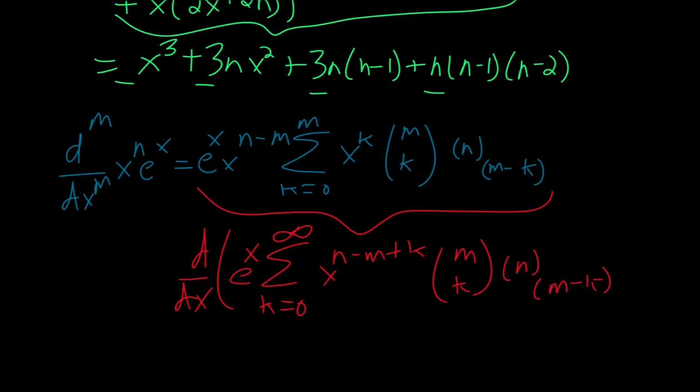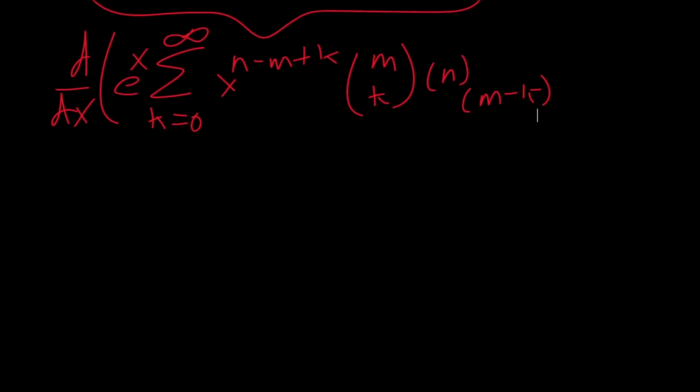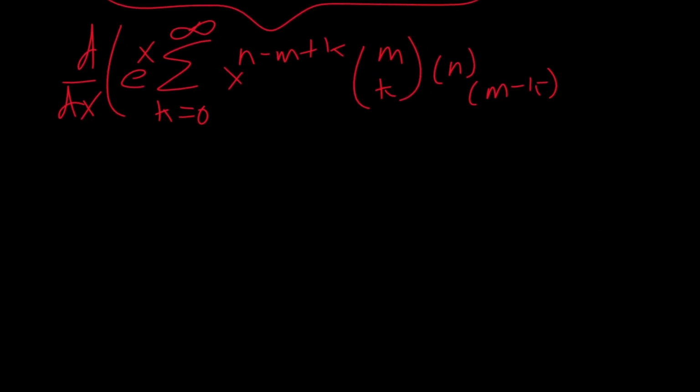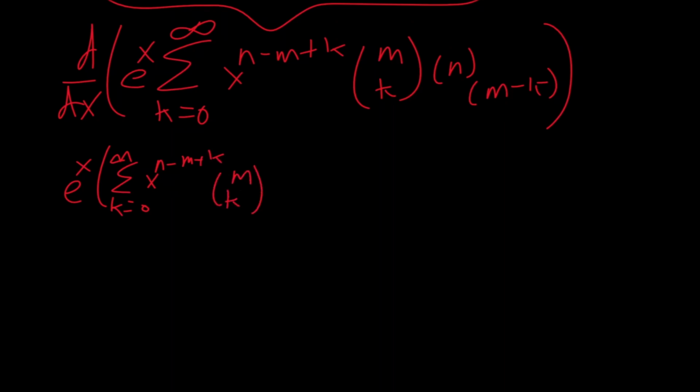Okay, and what we're going to do here is just apply our good old product rule. So e to the x, the derivative of that is e to the x. So we have e to the x times our big sum, the sum from k equals 0 to m of x to the n minus m plus k, m choose k, and then n falling factorial m minus k.